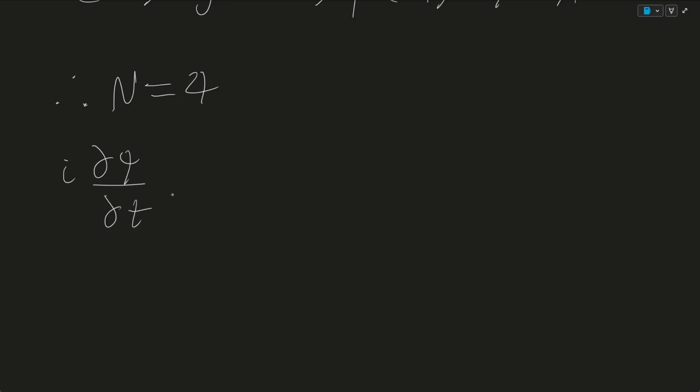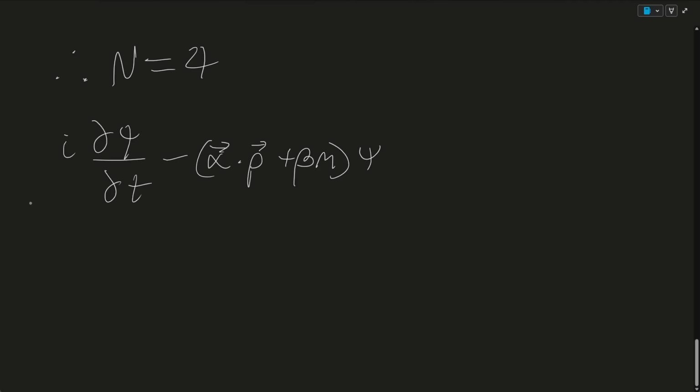This is our equation from earlier, kind of: minus alpha dot p, where these are 3-vectors, plus beta m. I'm going to drop those arrows in future, just to be clear.